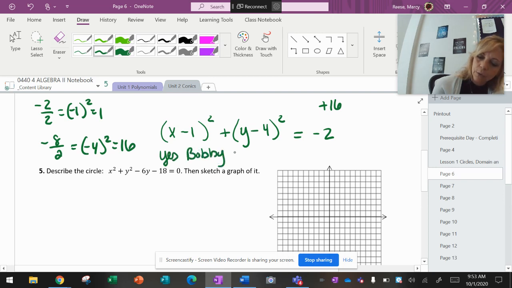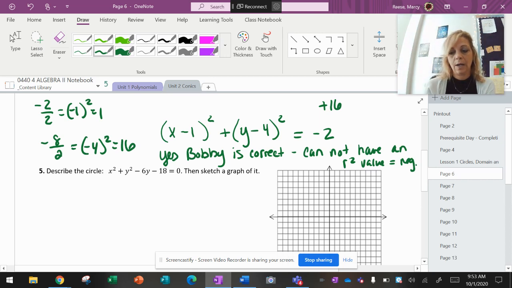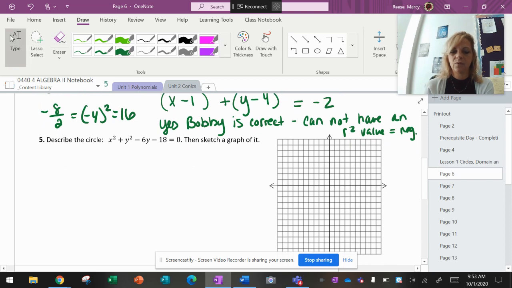Bobby is correct. You cannot have an r squared value equal to a negative. Right? So that r squared value is equal to negative. You cannot have that. Okay? Simple as that to say.